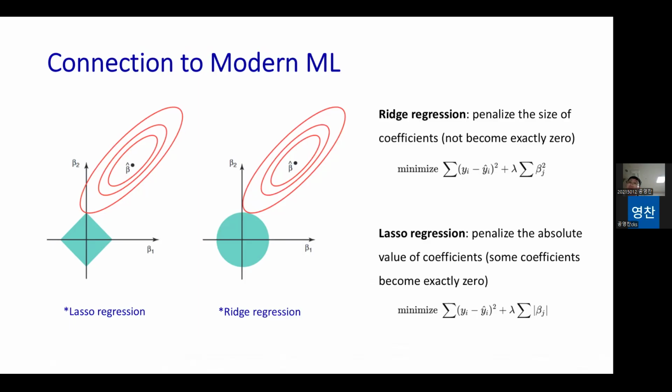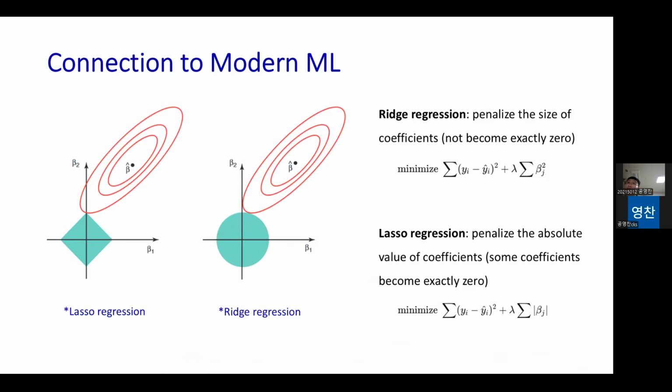So what we've learned here isn't just classical statistics. It's the conceptual origin of feature selection and regularization, which are now essential ideas in modern machine learning. All right, let's see the graph.